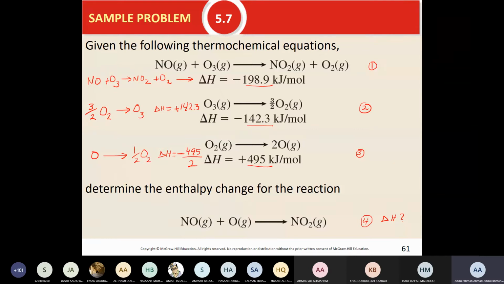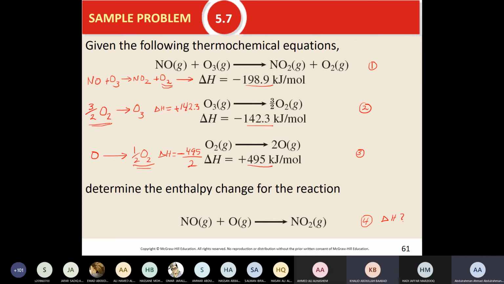Now, anything available in both reactant and product, cancel it. Look at the 3/2 O2. It's available as a reactant on this side, right? But there is O2 in the product and half O2 in the product. If you add O2 with half O2, you get 3/2 O2.